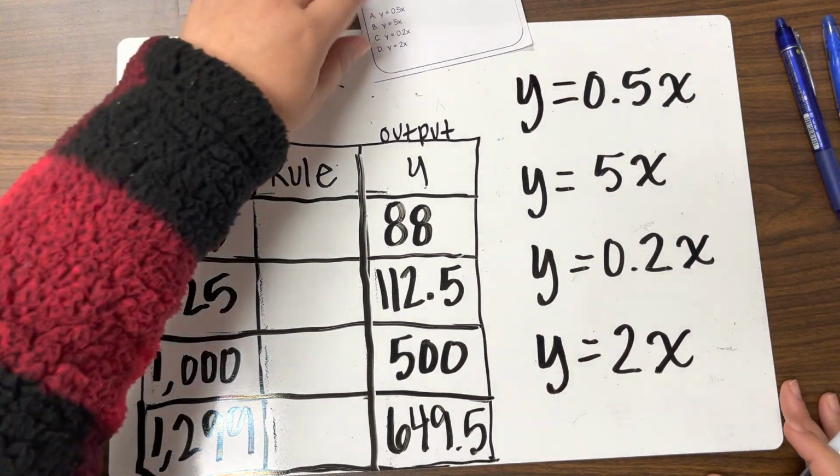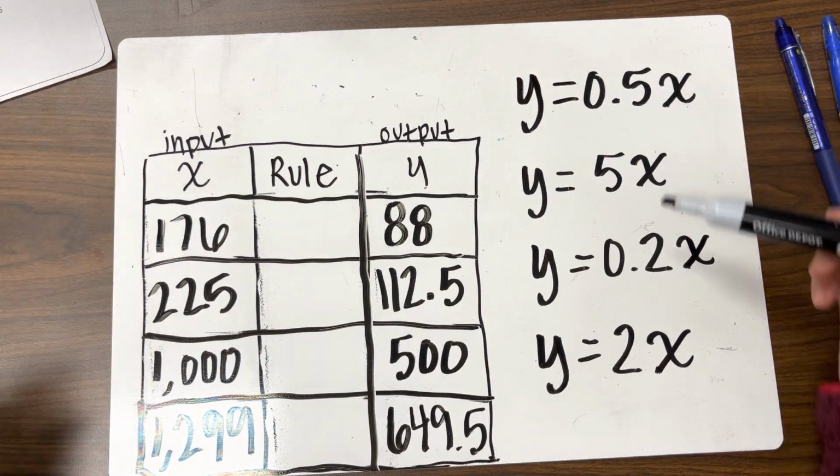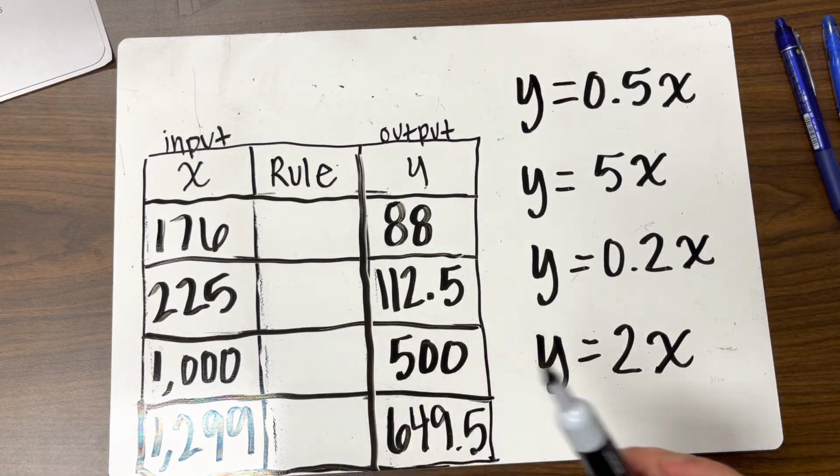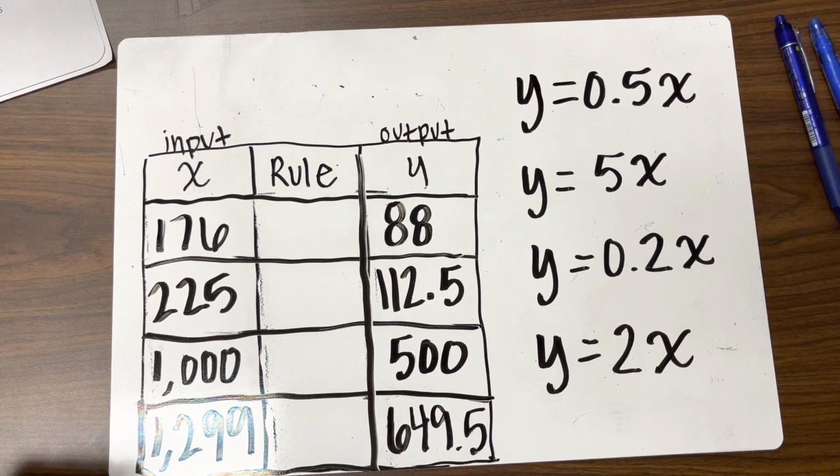So we have to figure out which of these four is the rule, okay? So what I would do is I would use process of elimination, okay?